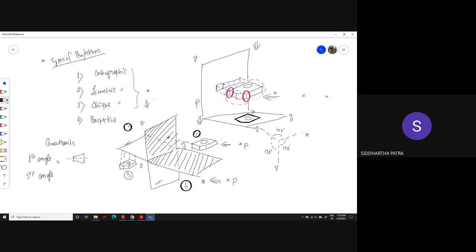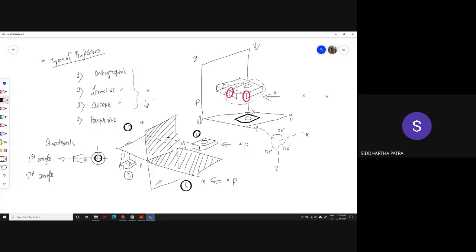Now if I look at it from the left, like this, two solid circles, both visible from the left.